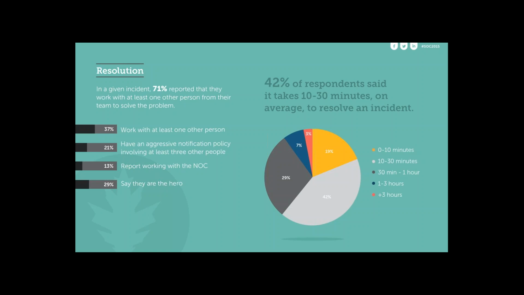Another way to look at that is 40% of all incidents take longer than 30 minutes. In SaaS businesses, that's like the rest of your life. If you're a highly transactional business, imagine during the holidays, if an e-commerce site is down for 30 minutes, that's a big deal.